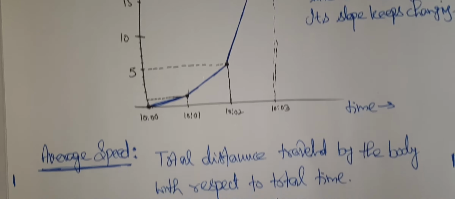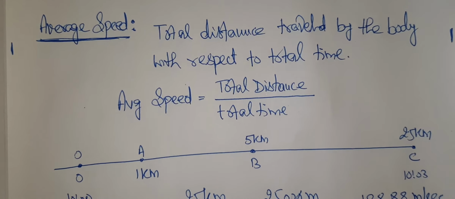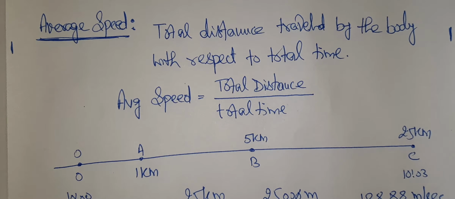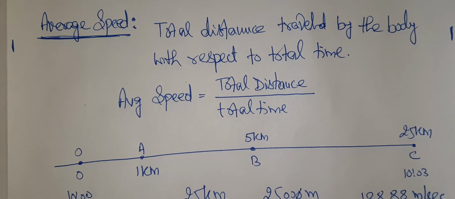Average speed we have defined as, as you all know, average we need to calculate if we feel the requirement of the averaging concept; we require it when things are changing. I gave you the example of the height of a class, the height of all the boys and girls in the class. Suppose someone asks you, what's the height of your class?